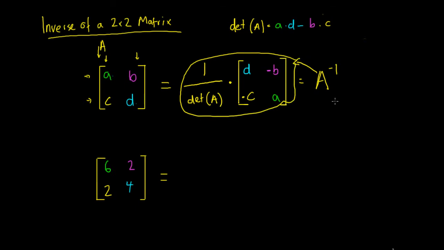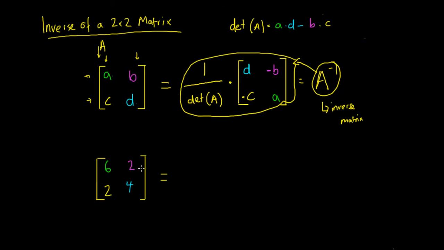And that just means that we have the inverse matrix. So what we do is we start by we just switch our diagonal terms D and A. We then leave our other two terms in the same place and we make them negative, so we have negative B and negative C, and we then multiply it by 1 divided by the determinant of A. So you can see that the first thing that we need to do in order to get this inverse is obviously to work out our determinant.